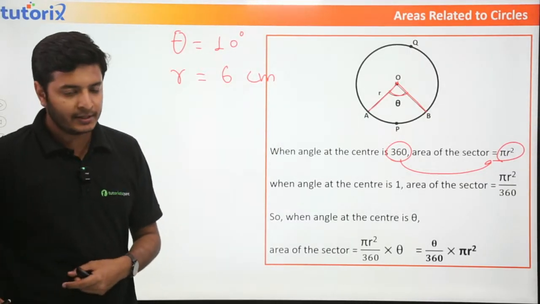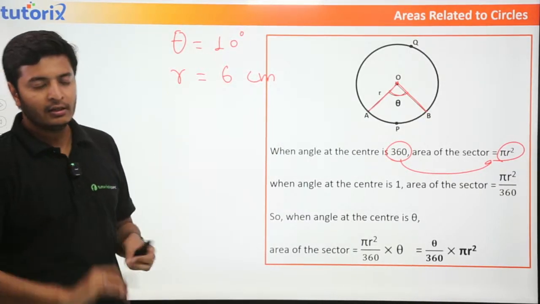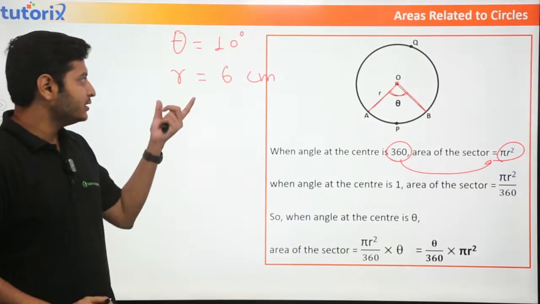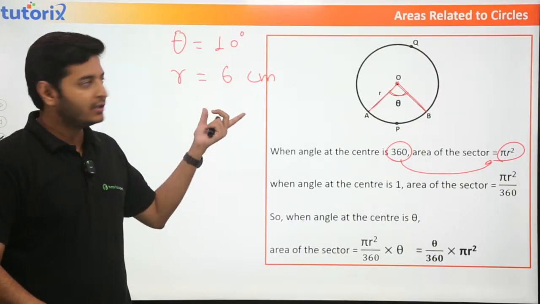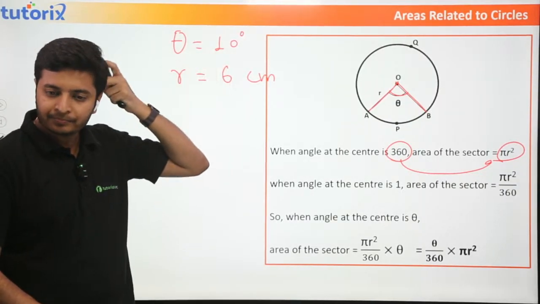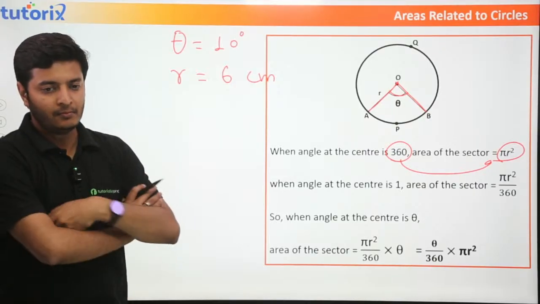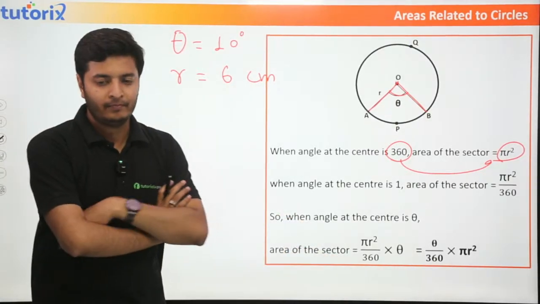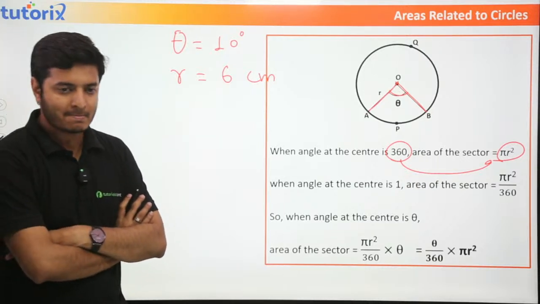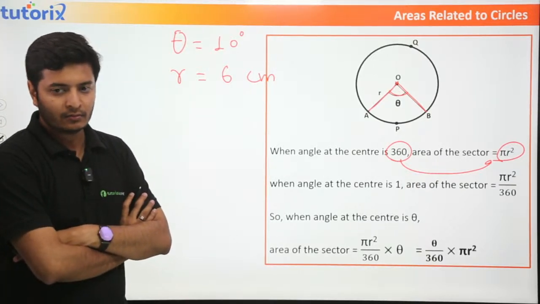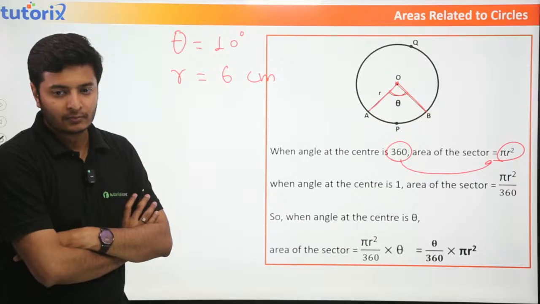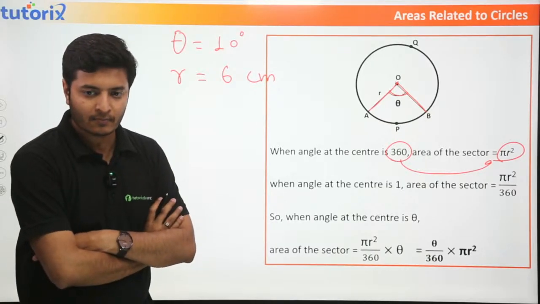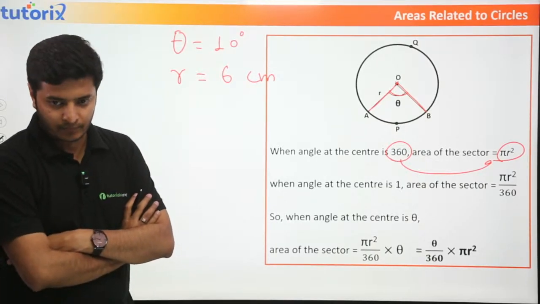So everyone, please do find the area of this sector, for which circle the radius is 6 centimeter, theta is 10 degrees. You only need to put the values in the formula. Yes, please do.